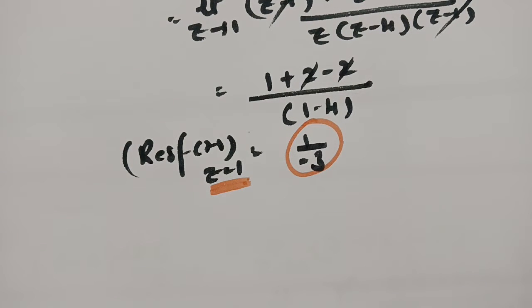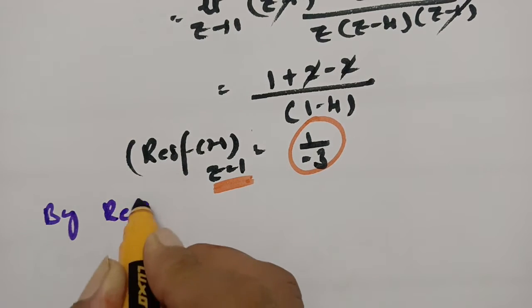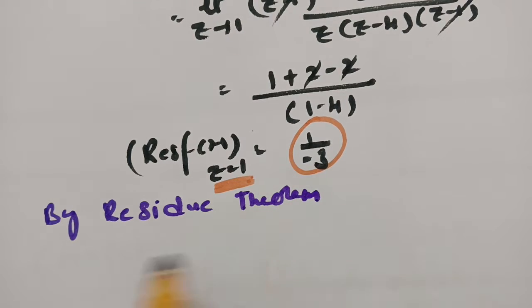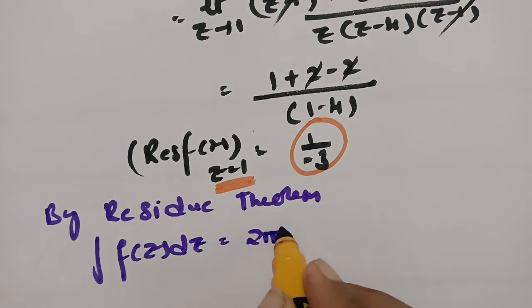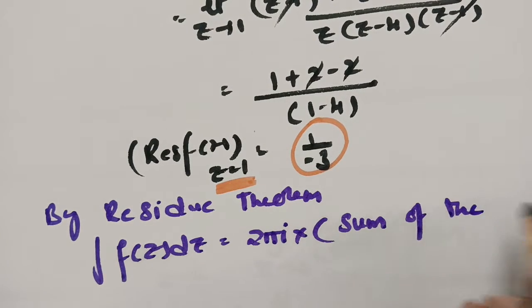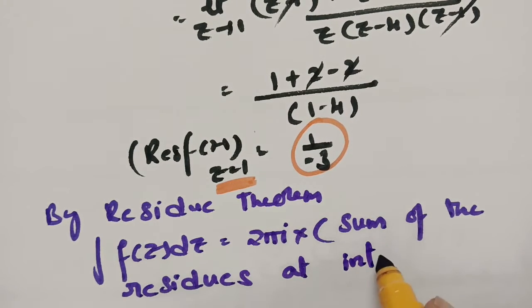Now we have to apply the residue theorem. So by the residue theorem, we have the integral of f(z) dz as 2 pi i into the sum of the residues at interior poles.